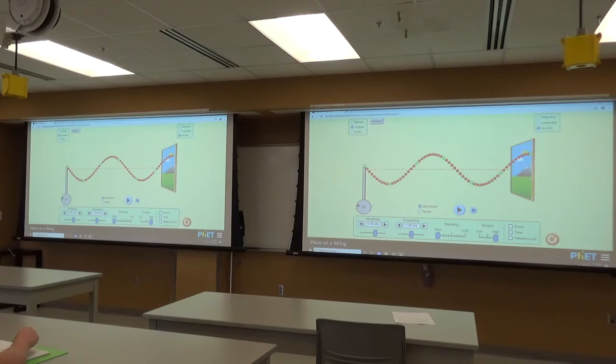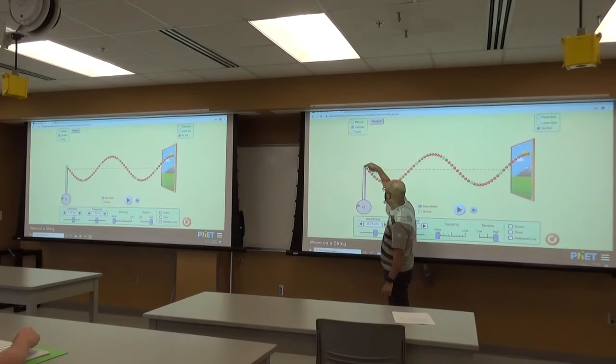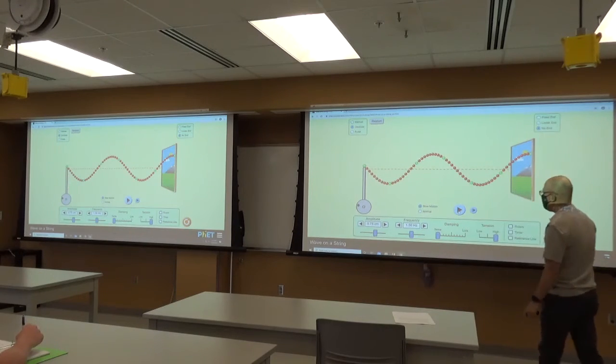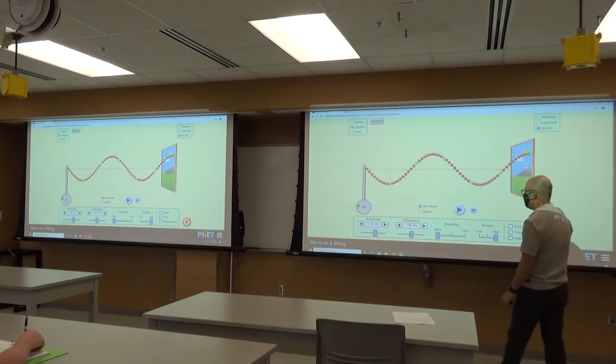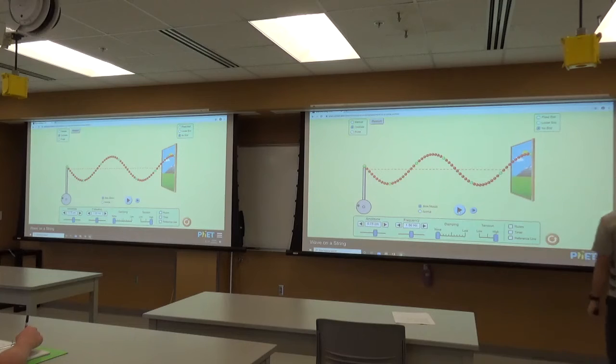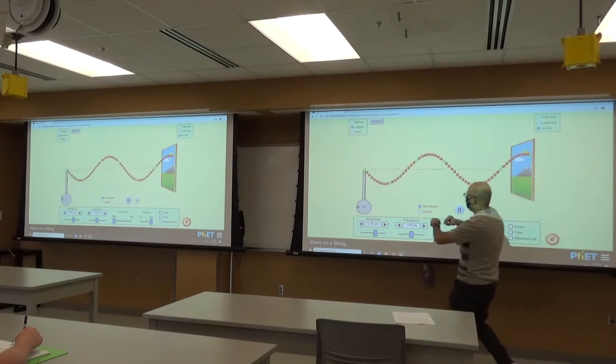Now, the histogram is just focusing on one single point. You focus on either this point or this point or this point, one particular point, and then see how the height of that point changes with time. That's the histogram. So let's say I focus on this green point, and I'm looking at my time.